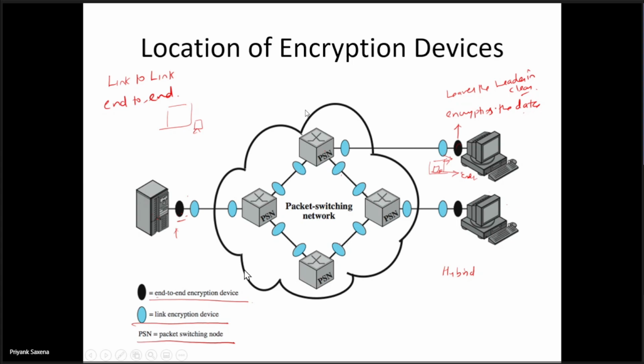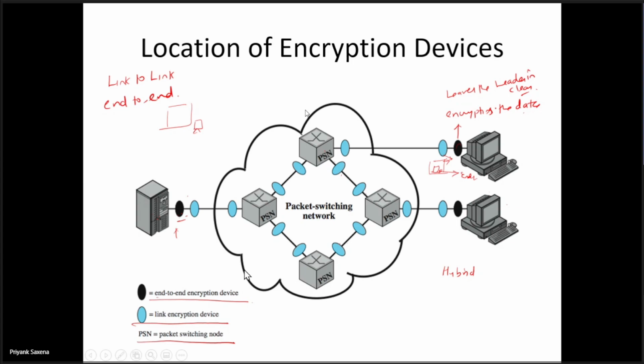The second solution is that a third party selects the key and delivers it to A and B. So the first two are manual approaches, like you lock your room and go and deliver the key to your friend. In the second case, you lock your room, give your key to a third friend, and that friend goes and delivers the key to your friend. So these two approaches are manual approaches.